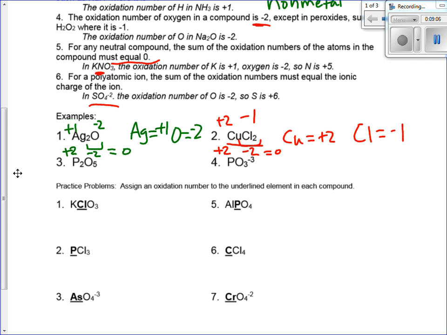So I'm still going to give them oxidation values, even though they're not transferring electrons and it's not an ionic compound here, but I'm assigning them a value so that when it does a reaction, I know if the charges do change, and I know if there's any transfer of electrons going on during the reaction.